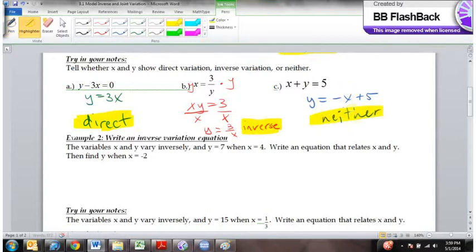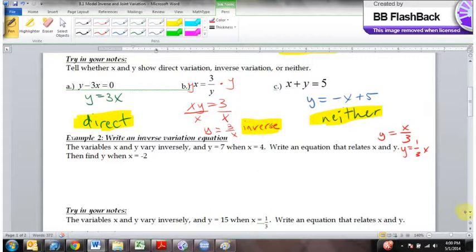Just as a side note, if you had something that said y equals x over 3, that's not inverse variation. We need to have the constant on the top in order for that to be inverse variation. So this would be y equals 1/3 x. And this is actually direct variation with 1/3 being our constant of variation.